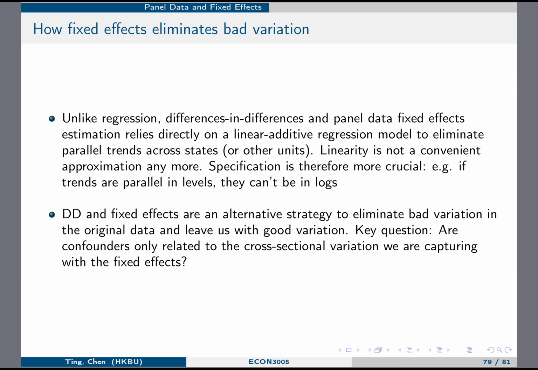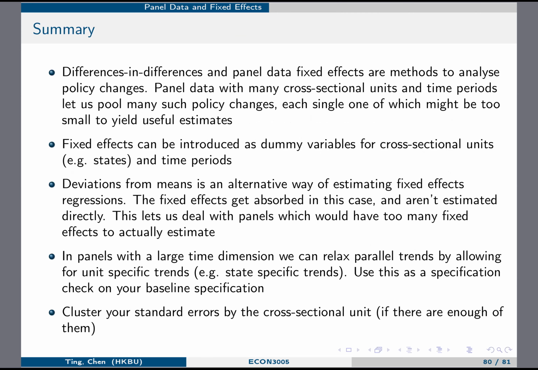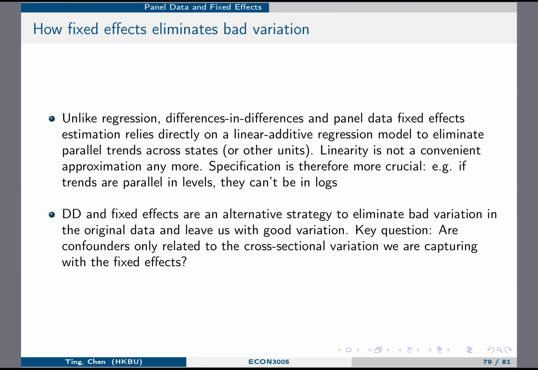If that is the case, then the diff in diff and the fixed effects model would be a good strategy, right? But if it is not, we have to think about how to expand that a little bit. So this is the last question you should consider in your causal inference using the diff in diff, panel data and fixed effects estimation.